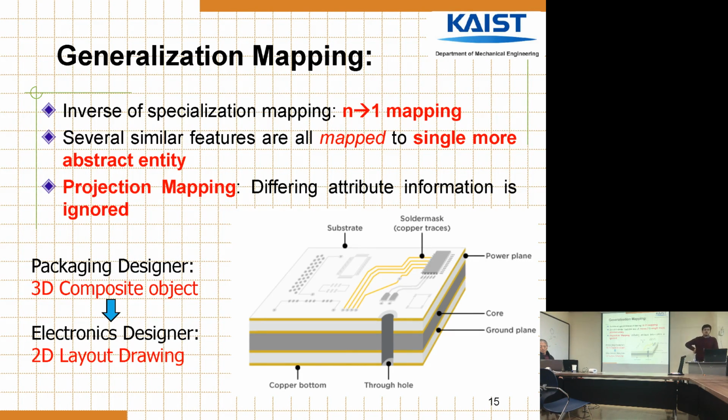He will just make it on paper, but the person actually making this PCB will deal with the actual components. So there can be many different components that can fit into it. So many different types of PCBs can have the same 2D drawing. So you can get the idea that it is N-to-1 mapping.